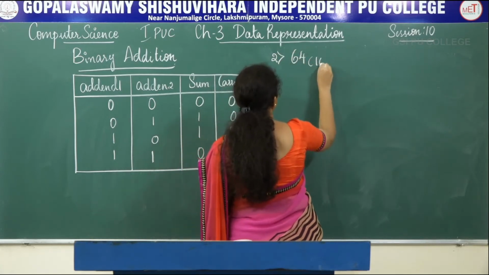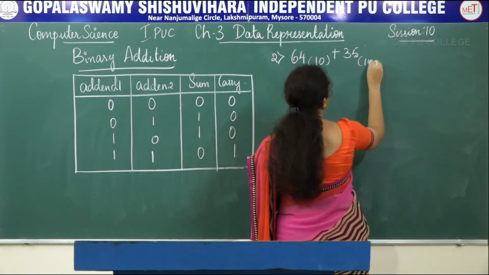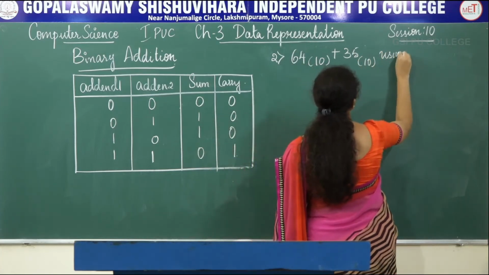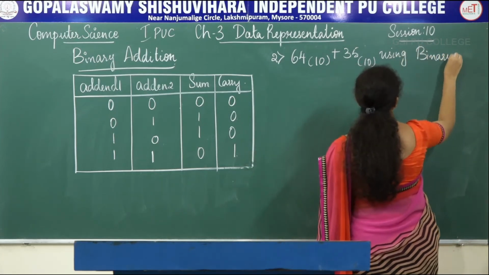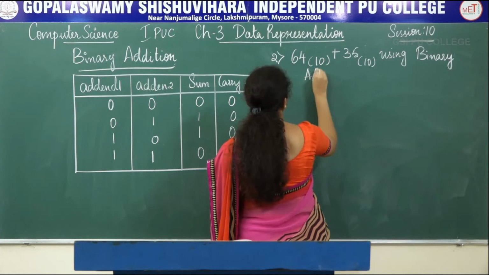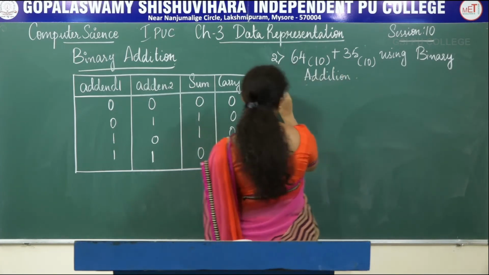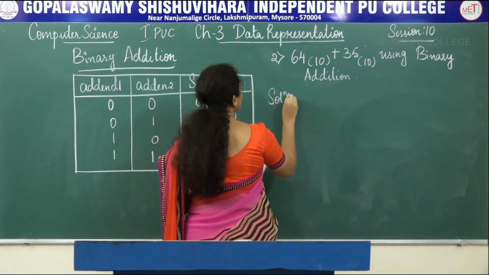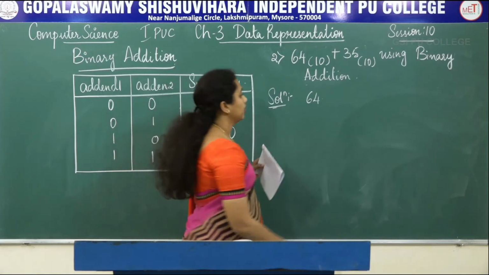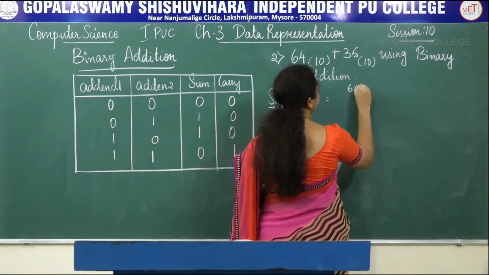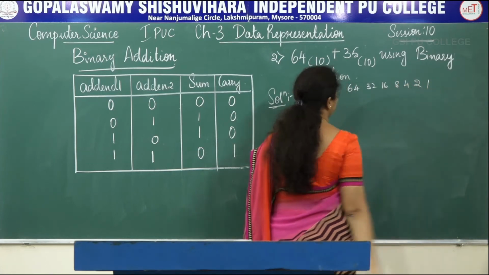64 base 10 plus 35 base 10 using binary addition. So how to represent 64? 64, 32, 16, 8, 4, 2, 1.